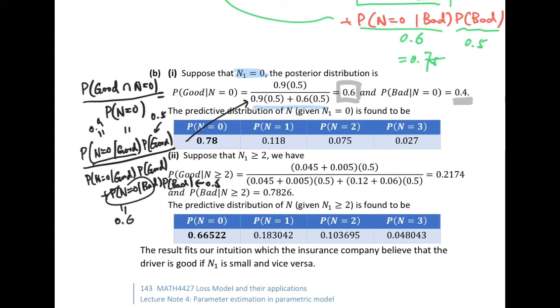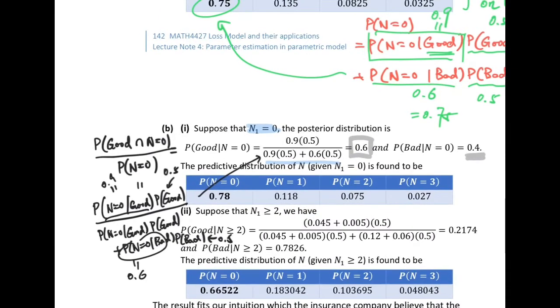Okay, so here you can see, initially I think this driver is equally good or bad. But now after I see that n equal to 0, we can see that this insurance company has a tendency to believe that this driver is good, so this probability is getting higher and the probability of bad driver will be lower.